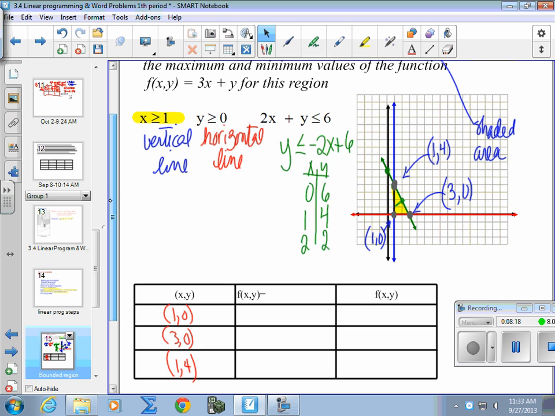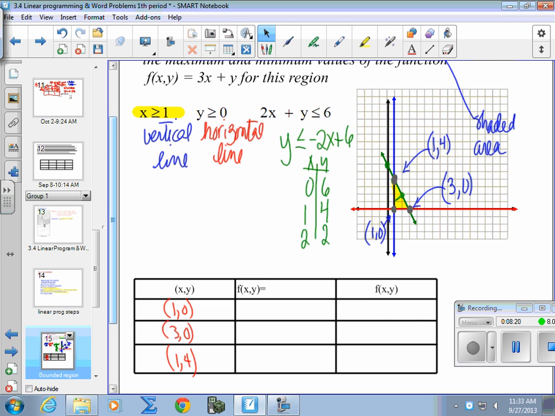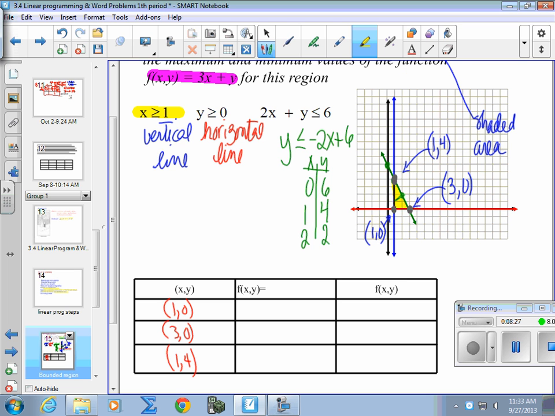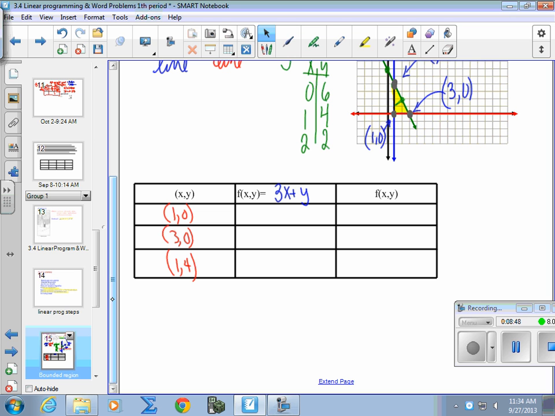Then we're going to take our function, which is here, 3x plus y, and plug it in. We're then going to take our x and y coordinates, our points that we got, and plug them into our function.